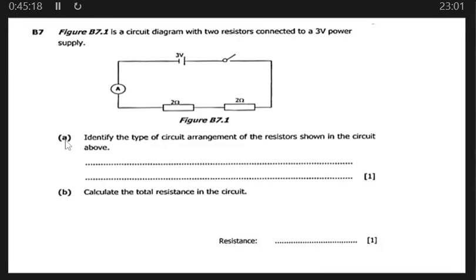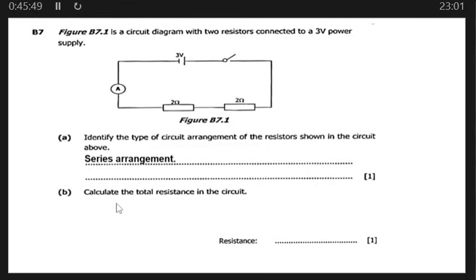A says, identify the type of circuit arrangement of the resistors shown in the circuit above. When resistors are joined end to end like this, what is this type of connection called? This type of connection is called series arrangement.